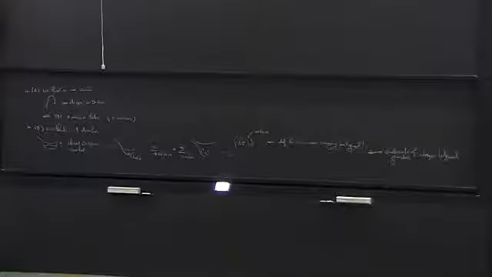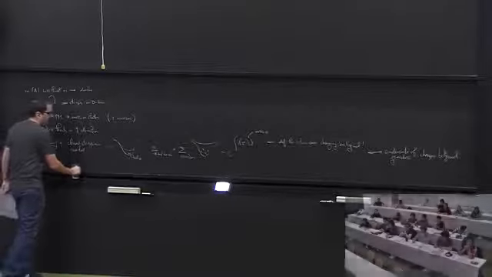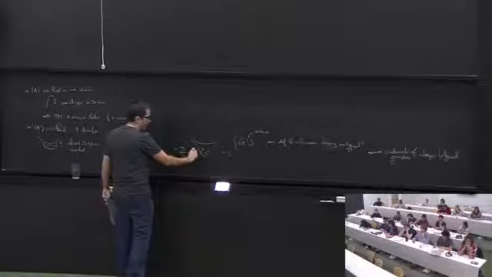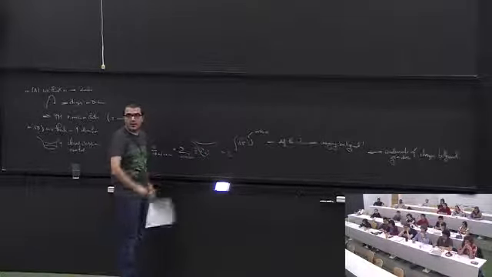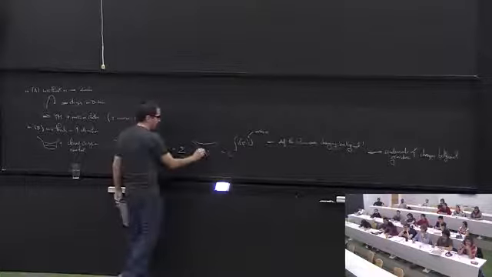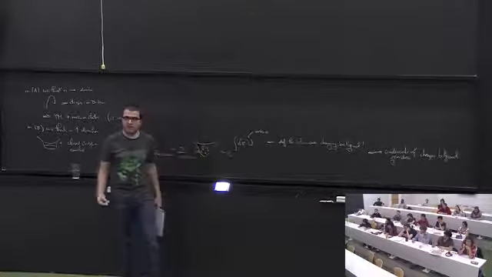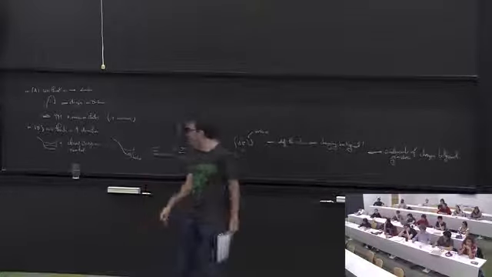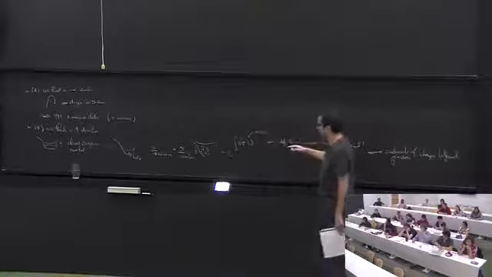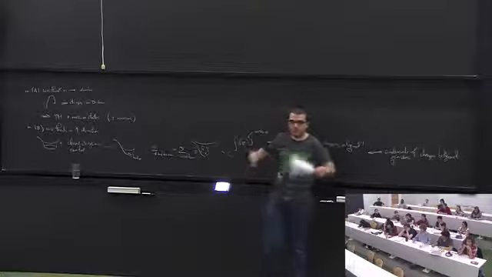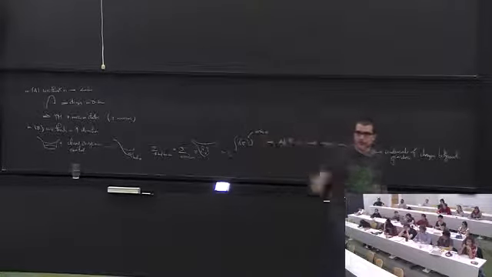Pedro? Yes? Can you repeat why you get an exponential there? Just because of thinking that the operators are roughly free, they are indistinguishable. When I put 4 of them, I will put some 1 over 4 factorial, and I integrate over where they are inserted, this at sigma 1, this at sigma 2. So roughly, I would get an exponential. This is by no means precise. But I'm saying that it has an exponential nature. It is something very big that wants to be exponentiated.